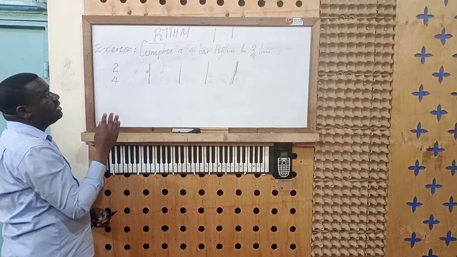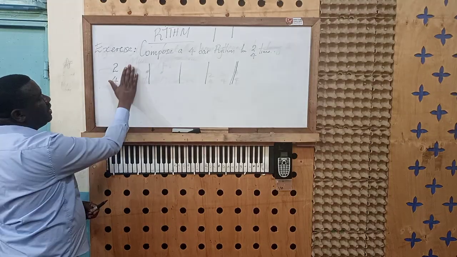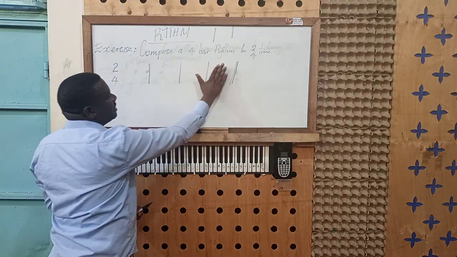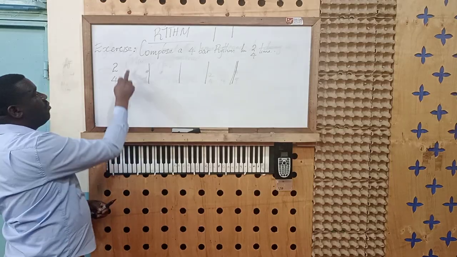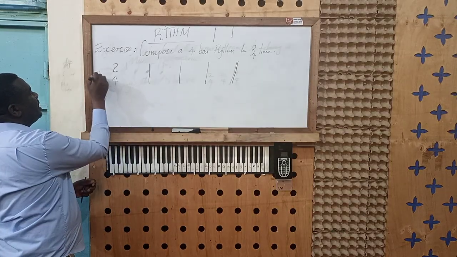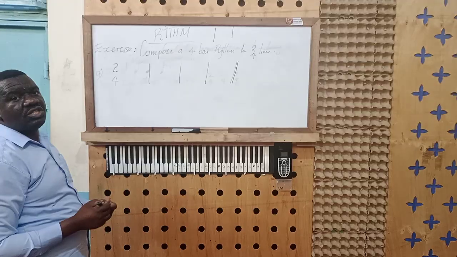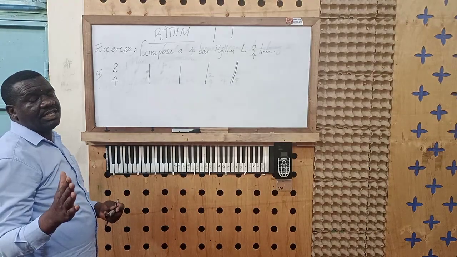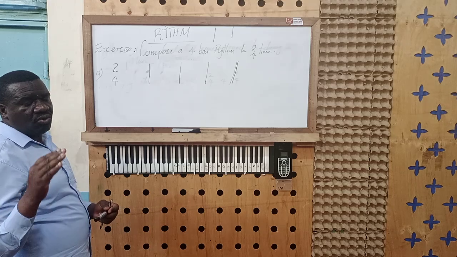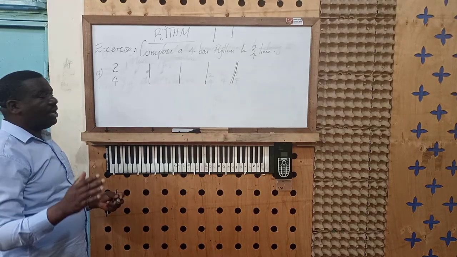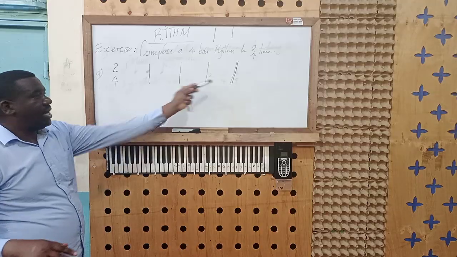Now, the next thing is to fill in the bars. Let me call this one A. We are supposed to use the notes that we learned before to compose the rhythm. Now, I want to be simple in this one.